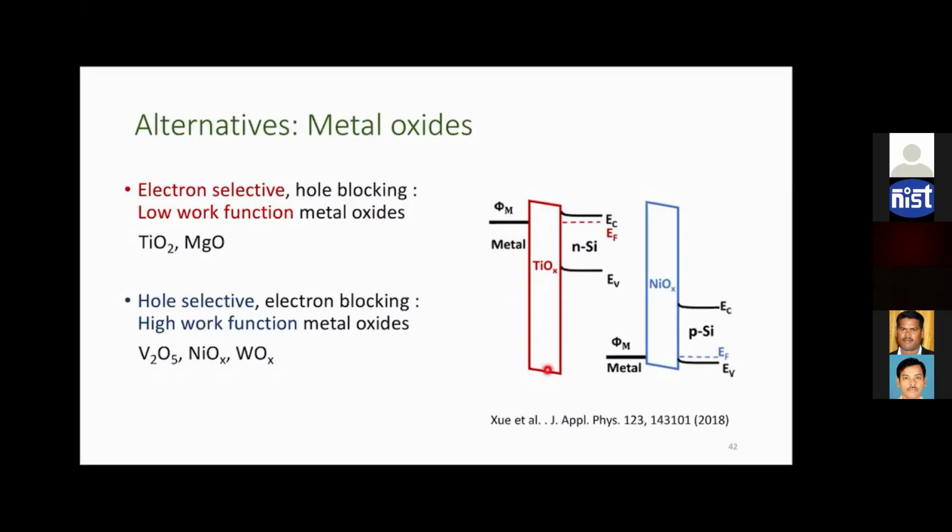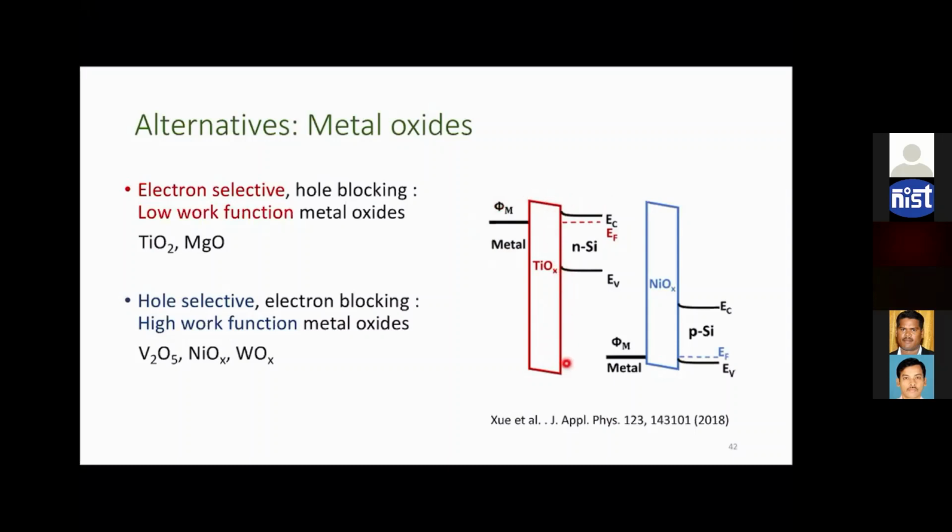This titanium oxide, being an oxide, has a high band gap, greater than 3 electron volt, and the conduction band offset that it offers at the interface is much less, right? So the electrons can easily travel through this conduction band offset and will get collected by the metal. So it is an electron selective layer for crystalline silicon.